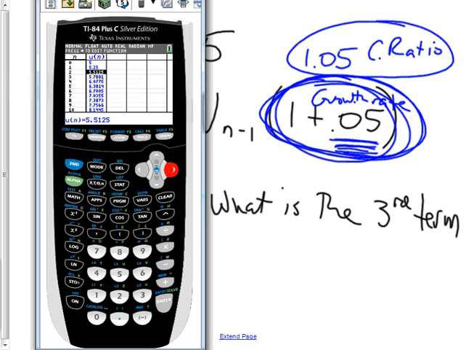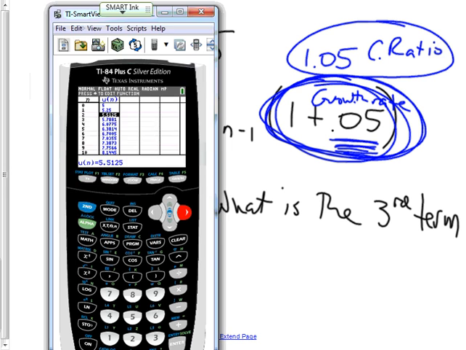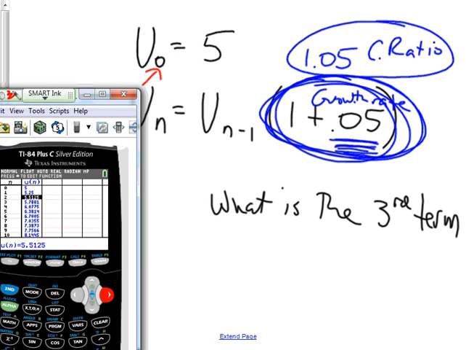Now, I think a lot of people would argue that it's supposed to be u sub 3. Not in this case. Why not? Because we started with u sub 0. If they ask you for the third term, you should start with u sub 1. You shouldn't start with u sub 0.